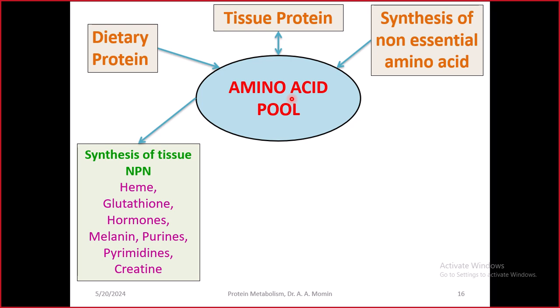The melanin pigment, the skin color pigment, and the purines and pyrimidines, as we have seen: glycine is required for the synthesis of purines. The amino acid aspartate is required for pyrimidine synthesis. The amino acid glutamate, in the form of glutamine, is required as an amino group donor in both purine and pyrimidine synthesis. Creatine is synthesized from glycine and arginine, these two amino acids.